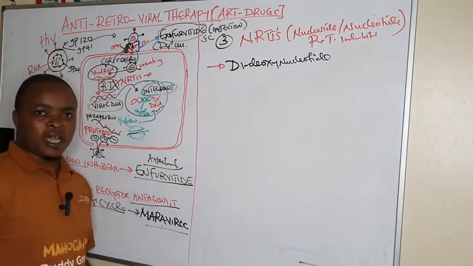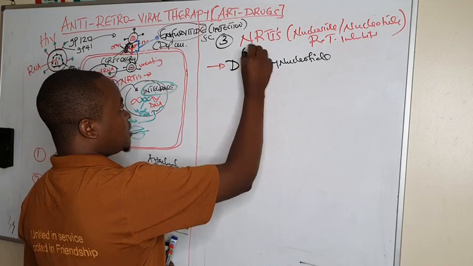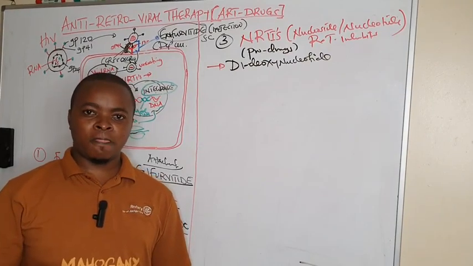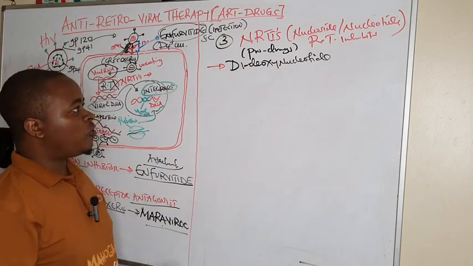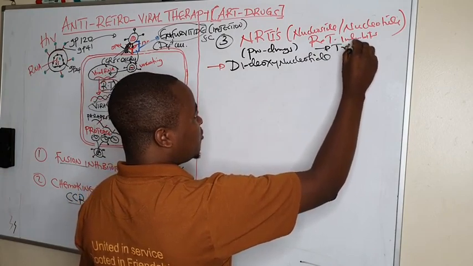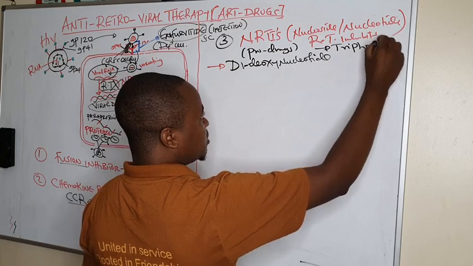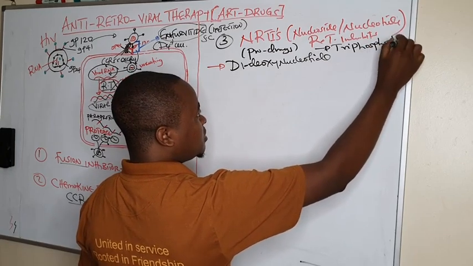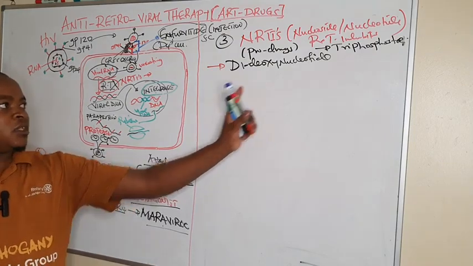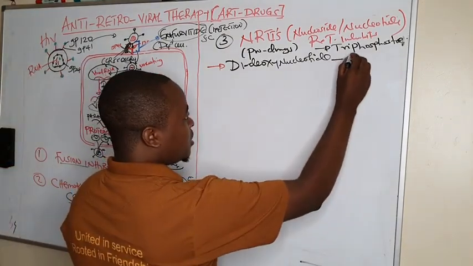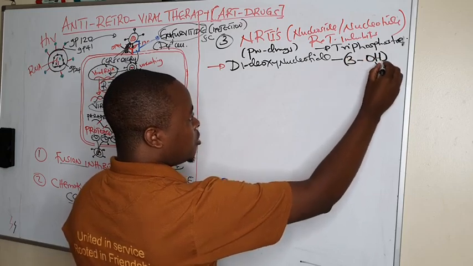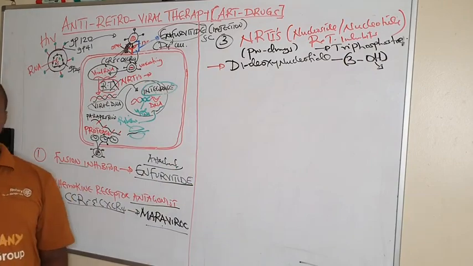These drugs are always taken as prodrugs, and they first need to be phosphorylated, whereby we add phosphate groups to form a triphosphate nucleotide. After being phosphorylated, this triphosphate lacks the OH group at carbon number 3, where we would attach more nucleotide bases during replication.